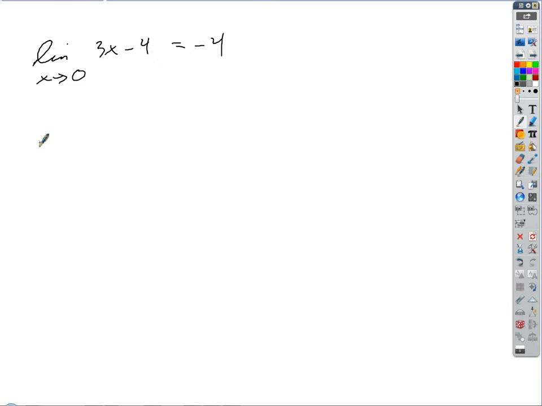So what if we do something like this? What if we do the limit of 3 minus x over x plus 2 as x approaches -2? What are we gonna get? We're gonna get 5 on the top, right? Over 0 on the bottom.